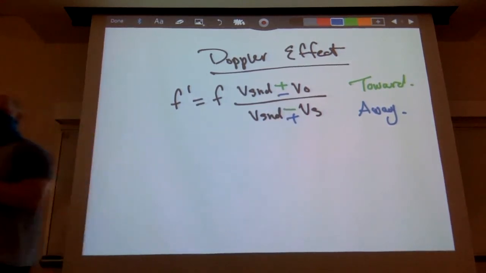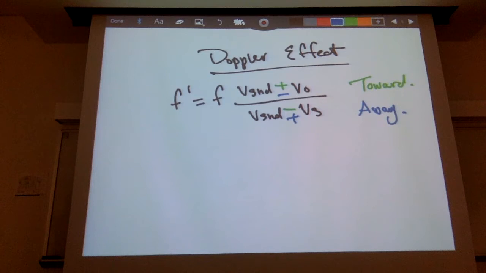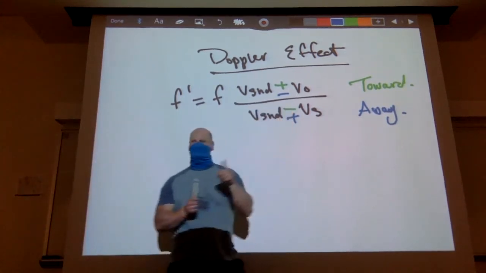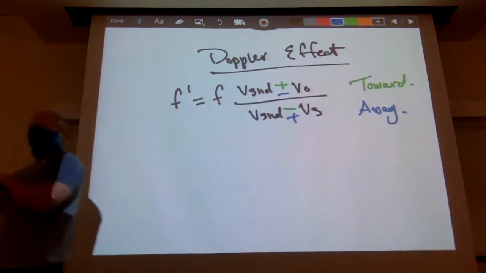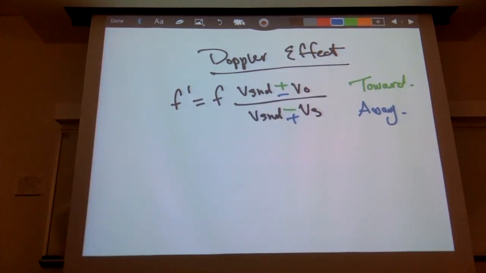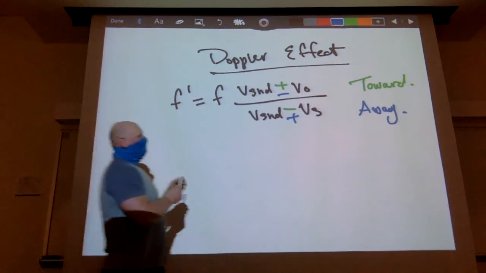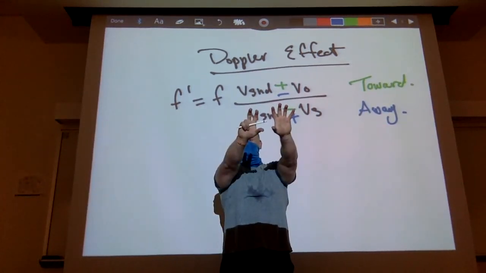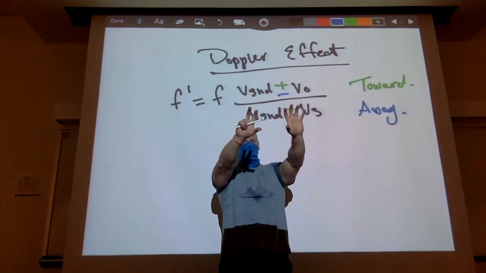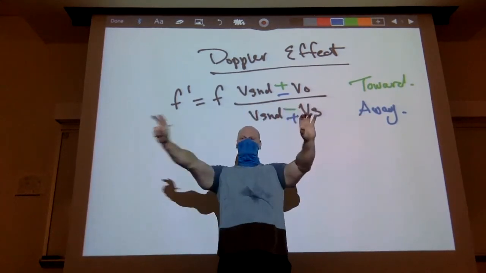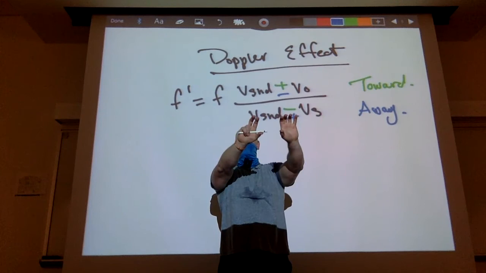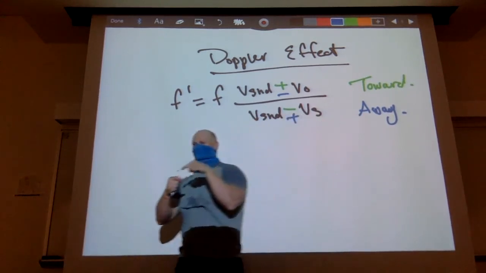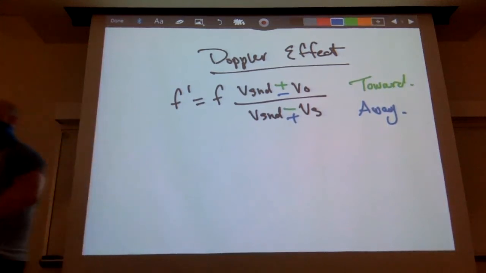which means that would correspond then to a negative sign. So when you're trying to determine the signs you use for each one of these, you have to look at how these objects are moving relative to each other. So they would only both be toward if they're physically both moving towards each other. So if I have two objects which are both moving towards each other, for example, you're moving this way and the ambulance is going in this direction, that way the ambulance will be moving towards you, you are simultaneously moving towards the ambulance, so you both will go toward.